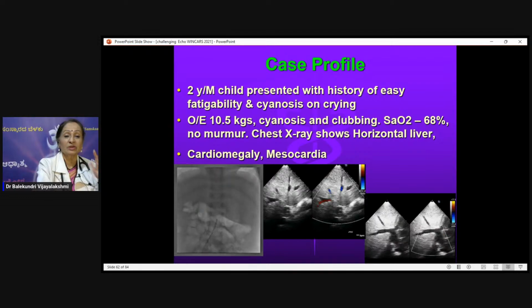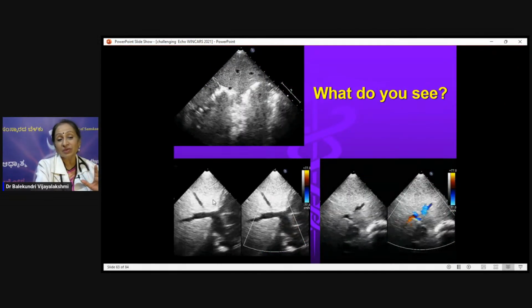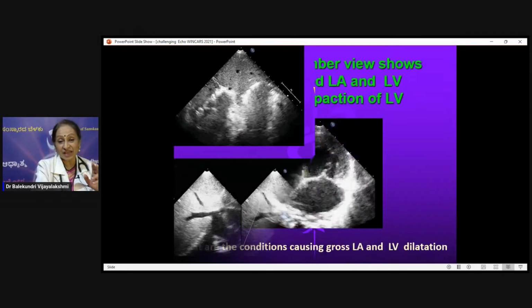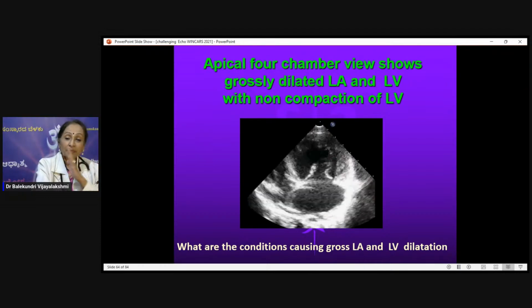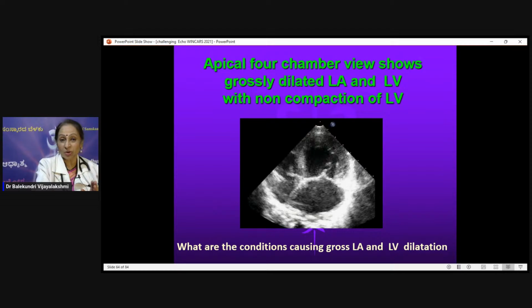So in this patient, there was a cardiomegaly, and you can see that all the hepatic veins were draining into the LA. And apart from that, you can see that it is a situs ambiguous, and LA and LV are dilated. RA, RV are small in size.